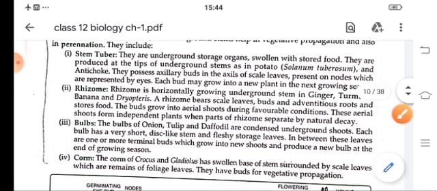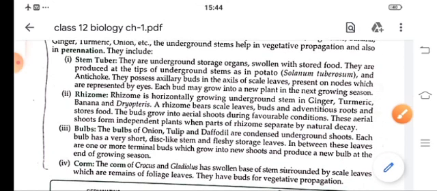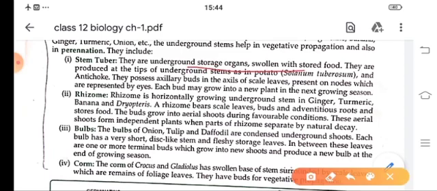Now what are stem tubers, children? These stem tubers are underground storage organs and they are swollen with stored food. As I told you earlier also, they look tuberous because they store food in them, and they are produced at the tips of underground stem, like in potato.